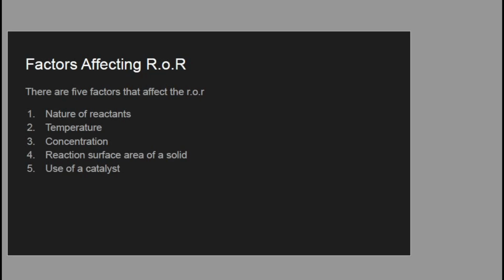Number 5 we should be familiar with from last year when we did this in grade 11. We should all still remember what a catalyst does and the part that it plays when it comes to rate of reactions.